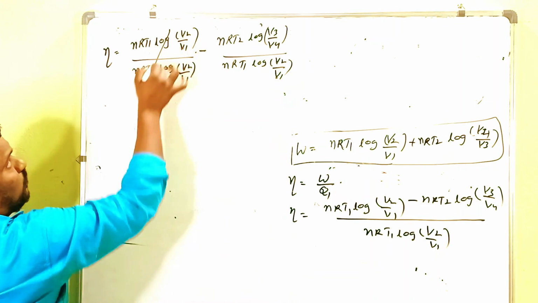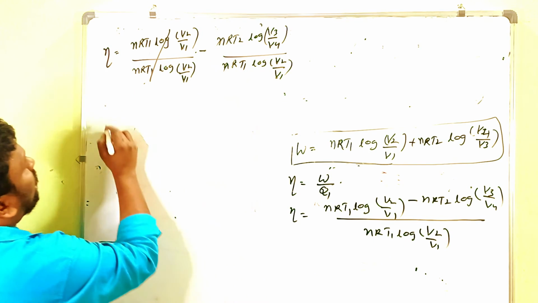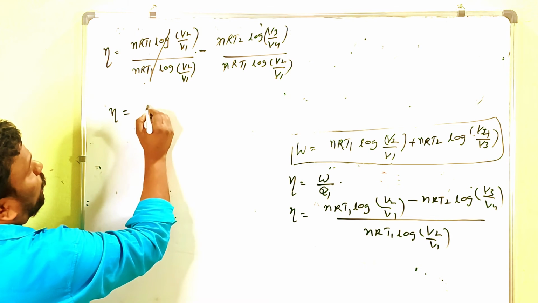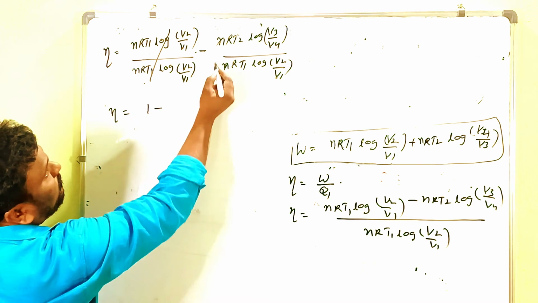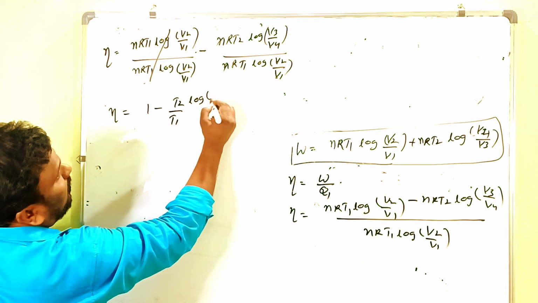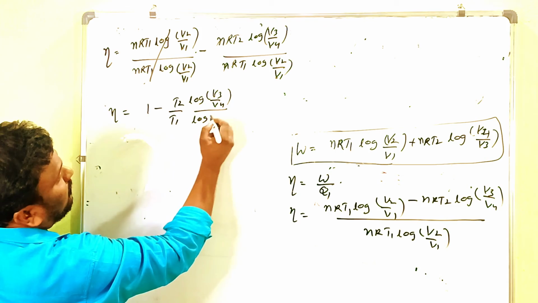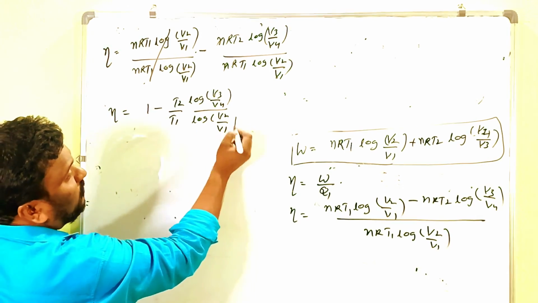So children, these two are cancelled. n cancels, R cancels. Clear? Then what do you get? Eta is equal to 1 minus T2 by T1 of log V3 by V4 by log V2 by V1.